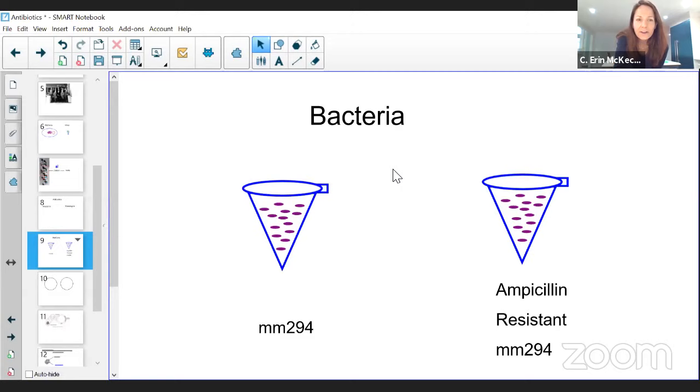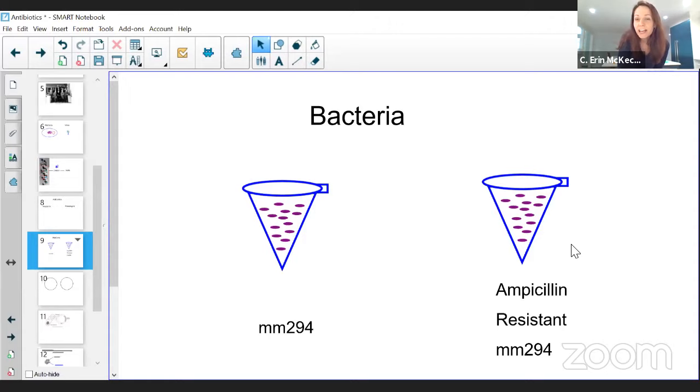Let's come back here for a second. Think about this. If I have ampicillin in my kitchen right now and I have these two types of bacteria and I can't figure out which one is which, what would happen if I add ampicillin to this bacteria right here, MM294? I would expect that that bacteria would not be able to grow in the ampicillin and would eventually die off.